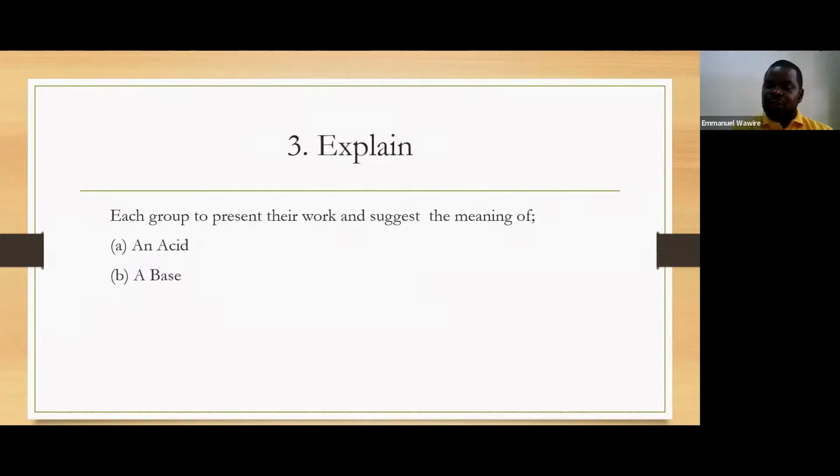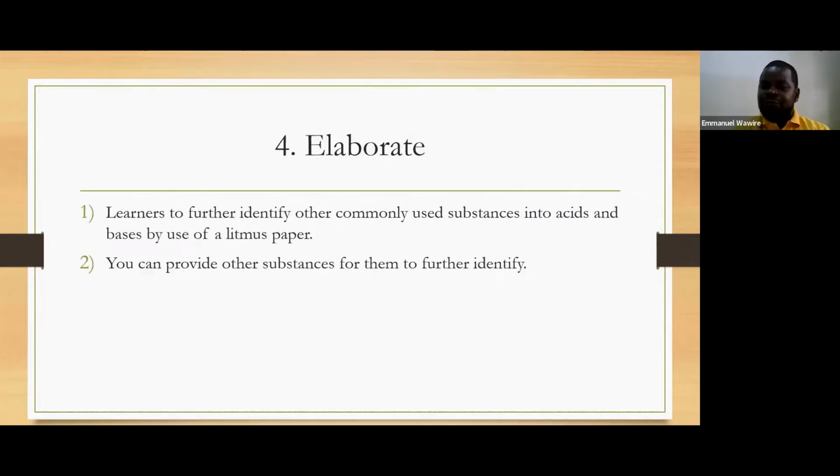So once they have explained under your guidance, now they need to elaborate. That is the fourth E. Now in elaborating here, maybe you'll give them more substances, liquids, to practice, to identify which ones are acids and which ones are bases.